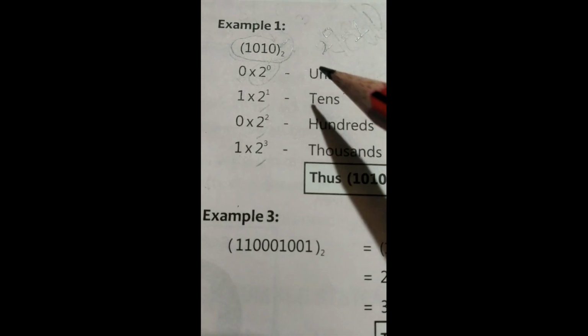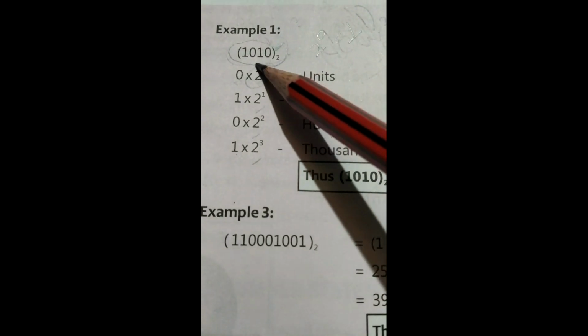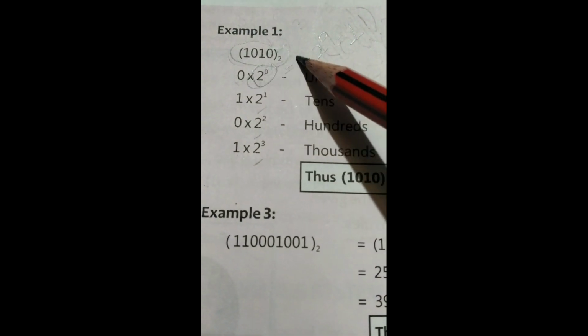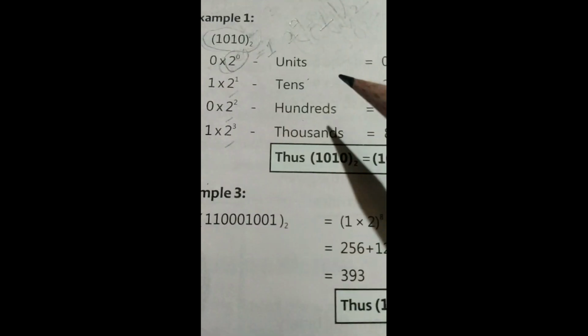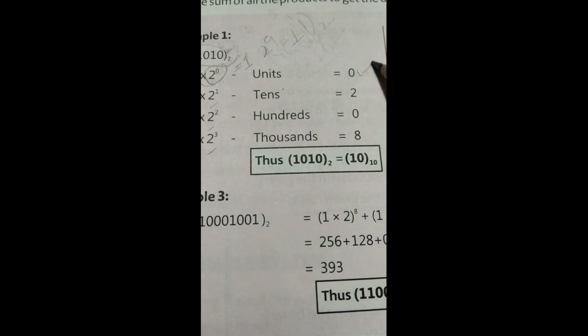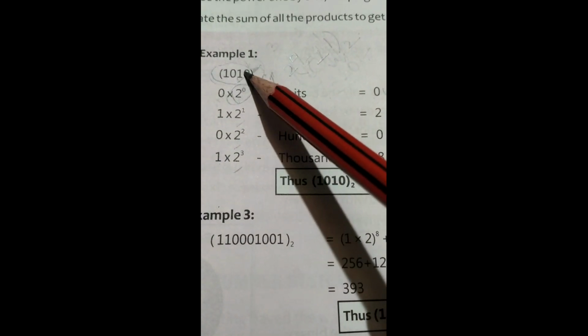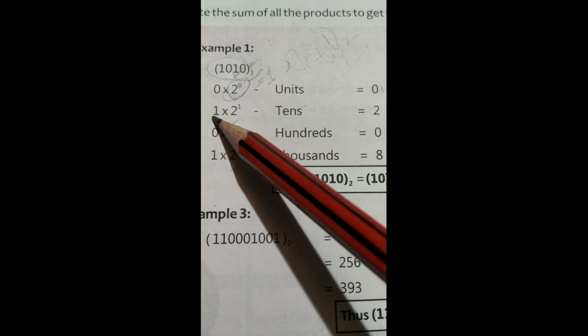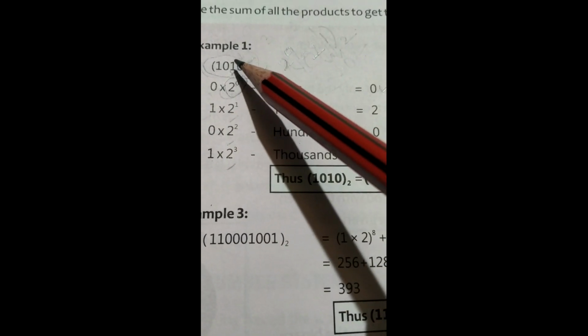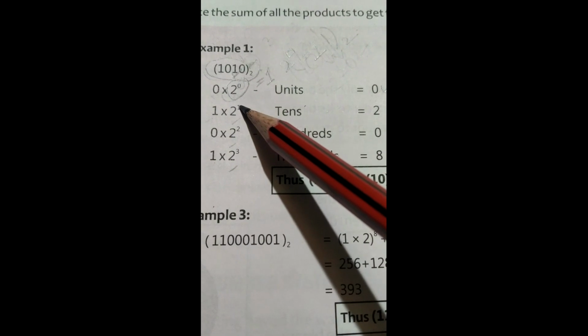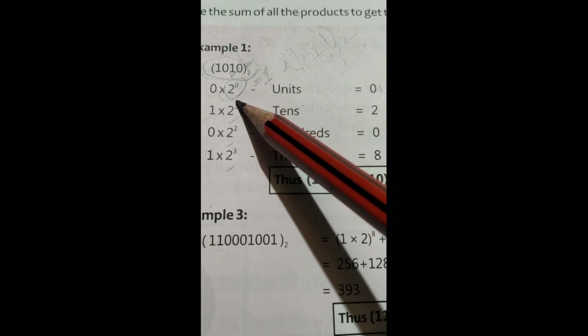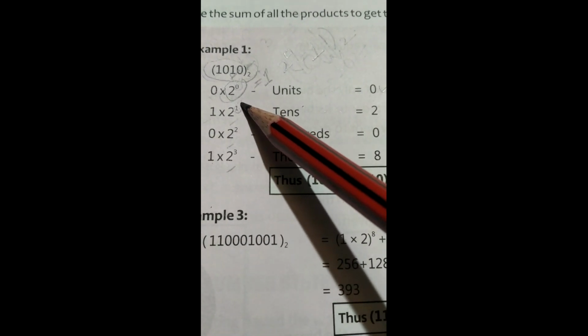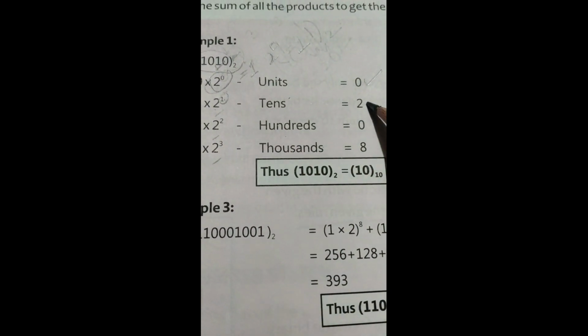So the result of this is 1, and 1 into 0 gives 0. The second digit is 1, and the positional value of this 1 is 1, so we use it as a power with 2. 2 to the power 1 is 2, and 1 into 2 equals 2.